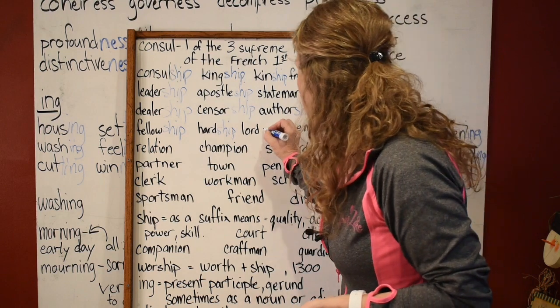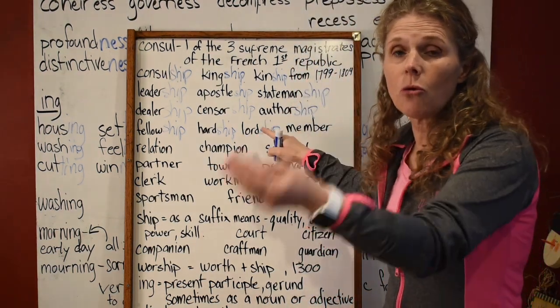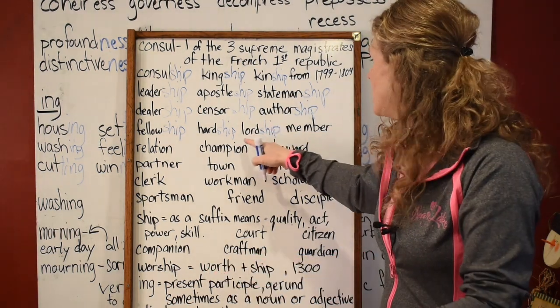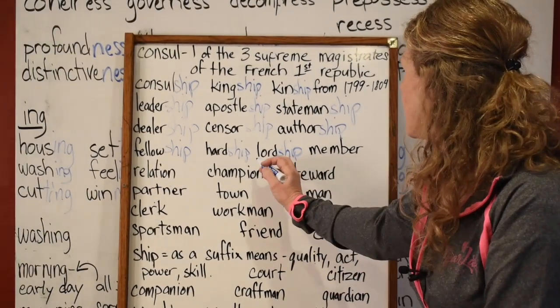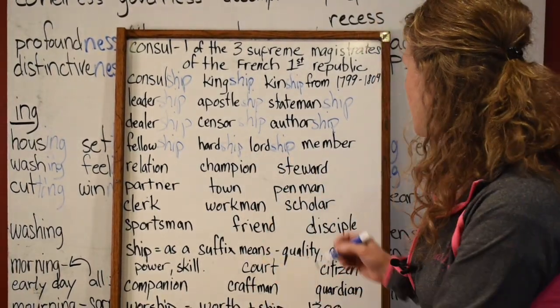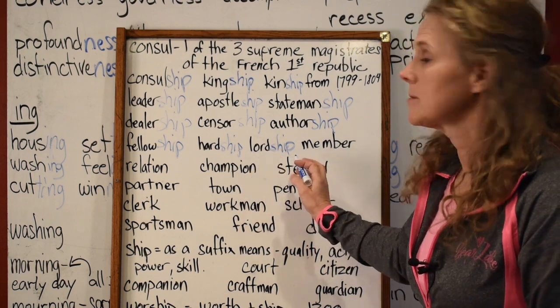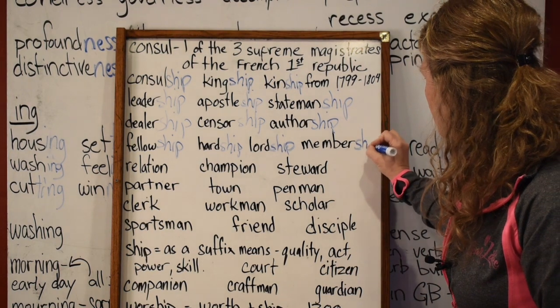Lord, lordship. Okay, so you have the Lord, right? Our Savior, the Lord, came, and now he is in his lordship, doing the work. And now this has become abstract. Okay? Member, membership.